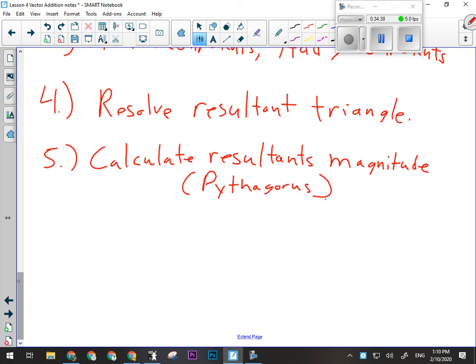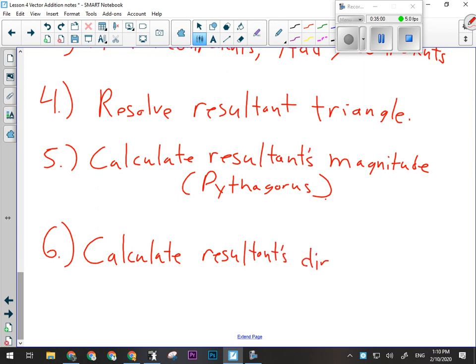Then you'll calculate your resultant's magnitude using Pythagoras, and then you'll calculate your resultant's direction, and that's more trigonometry. So, 6 steps.